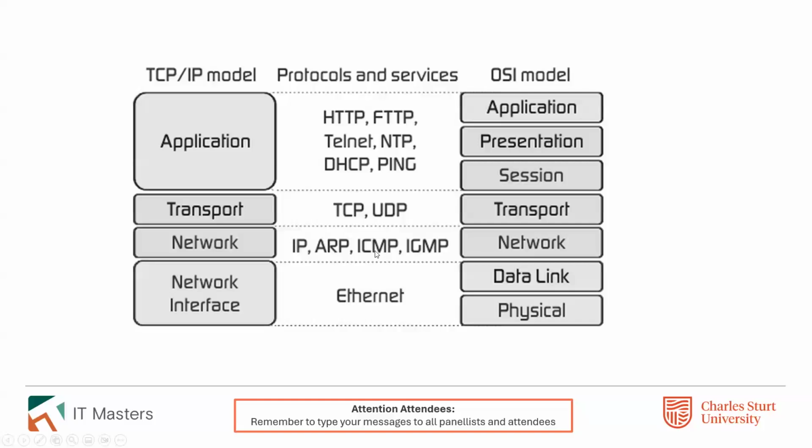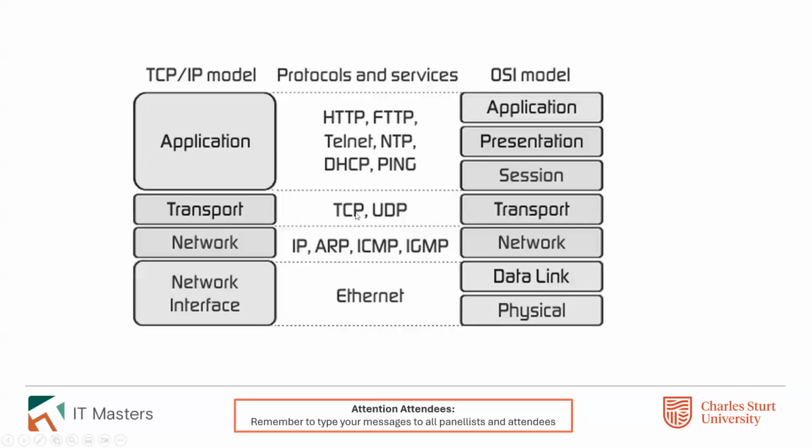There's ICMP, the Internet Control Messaging Protocol, which is designed to allow, among other things, the ping command to work, but also to allow signaling between devices. So if a device can't receive a certain type of traffic, ICMP is one mechanism it can use to do that. And then there's another protocol which is associated with multicast called IGMP that also lives at this layer.